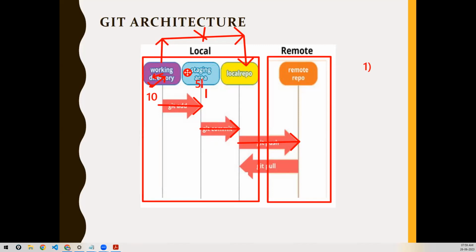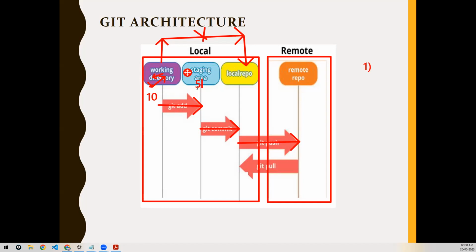Once I have them in the staging area, when I run git commit, all of them will be moved to local. So it's like a preview or a pre-check before your changes move to the local repository. This helps you control which files should go to local and which should not, and how to handle them.